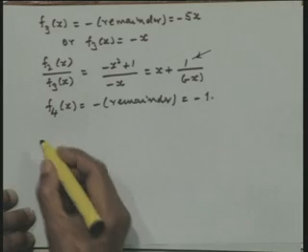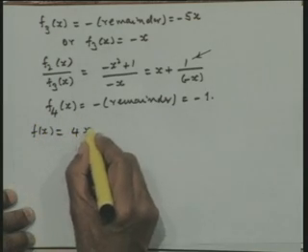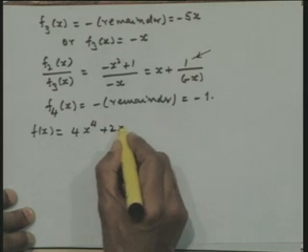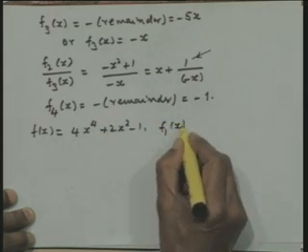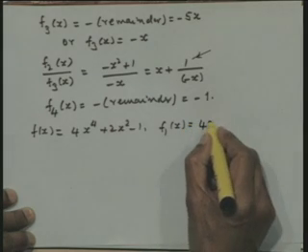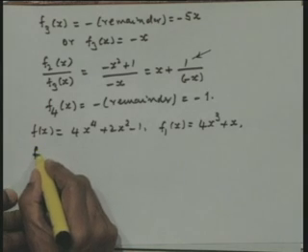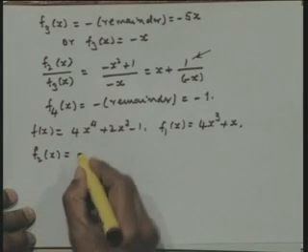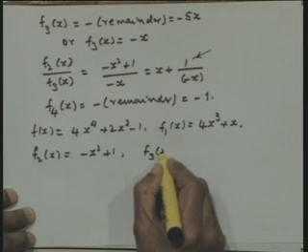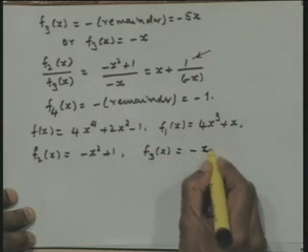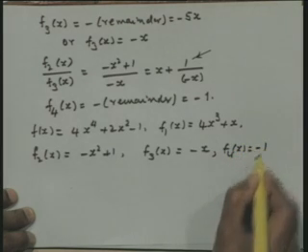The Sturm sequence will be f(x), the given function 4x to the power 4 plus 2x squared minus 1; f1(x), the next function, 4x cubed plus x; f2(x) is minus x squared plus 1; f3(x) is equal to minus x, and f4(x) is minus 1.